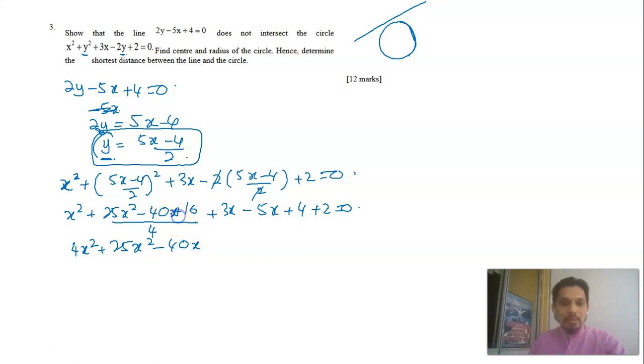There's a 40x there, sorry. 40x plus 16 plus, just imagine 4 times 4x squared, 4 times 3 equal to 12, 4 times negative 5 equal to negative 20, so this one comes out with minus 8x, and 4 times 2 equal to 8, plus 16 equals 24 equal to 0. Simplify this and it gives you 29x squared minus 48x plus 40 equal to 0.